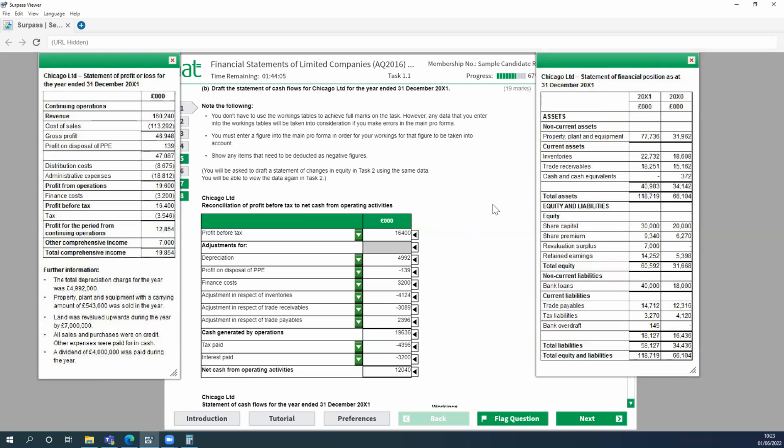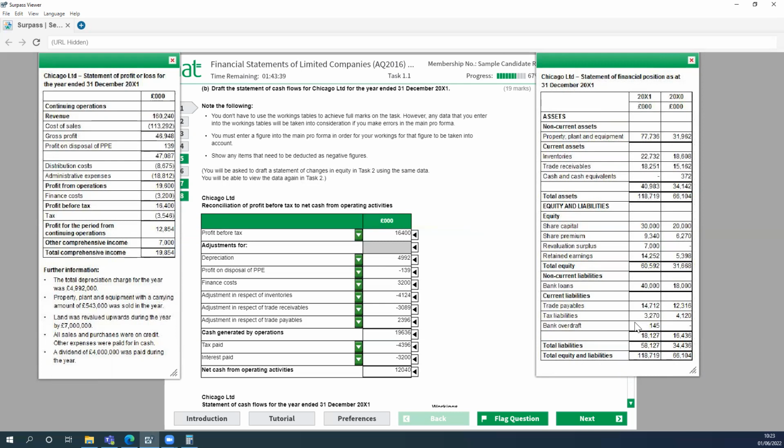So draw your T account. Do tax payable, because you've got some adjustments. What it says in your financial statements might not be what you actually paid, because you might have some adjustments where you've overpaid one year or underpaid another. Remember that when you submit your tax return, there might be some adjustments that need to be made.